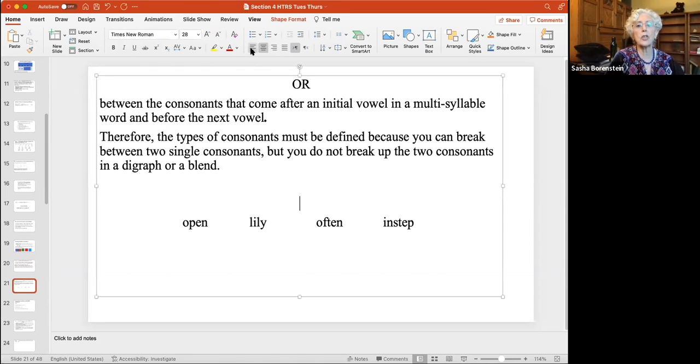So now we're looking at these words for boundaries, and also syllable types, because we have learned about open and closed syllables already. So here I have the word open. Ellen, can you tell me the vowel consonant pattern in this word, please?